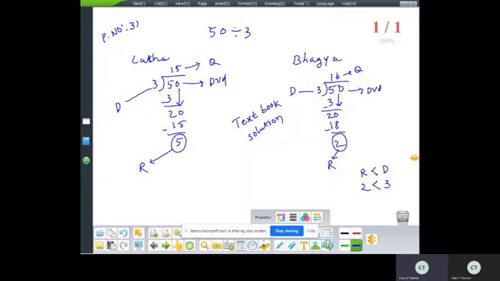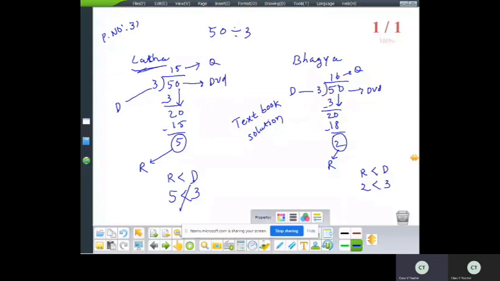Here the condition is remainder less than divisor, but here the remainder is not less than divisor. So this Lata's process is wrong. Bhagya's solution is correct.